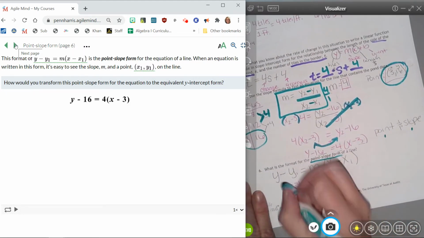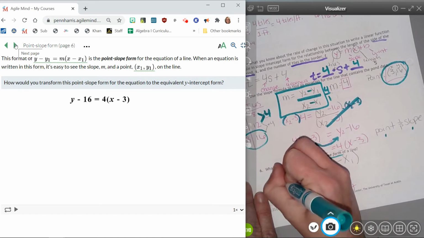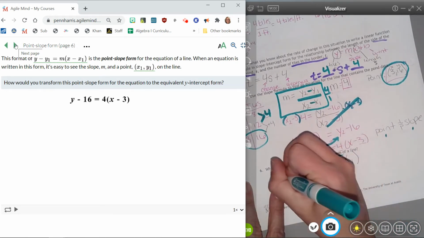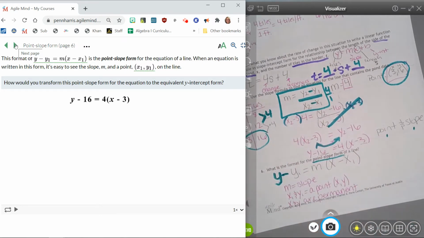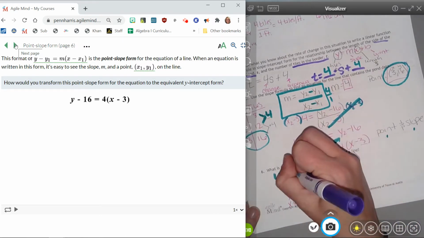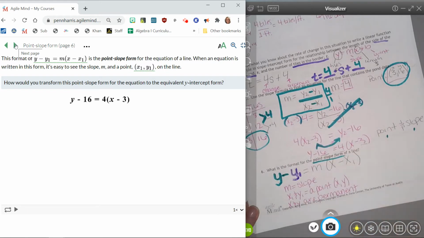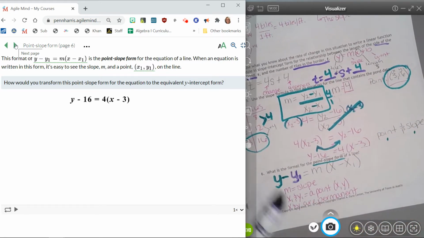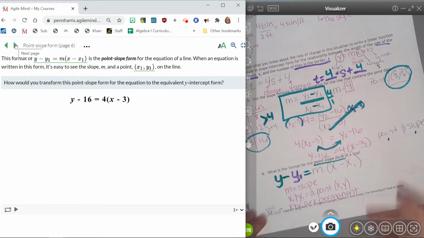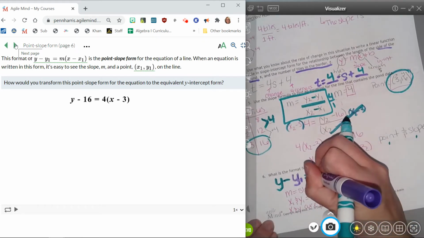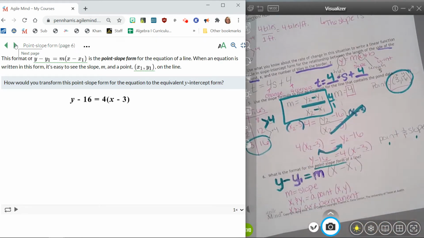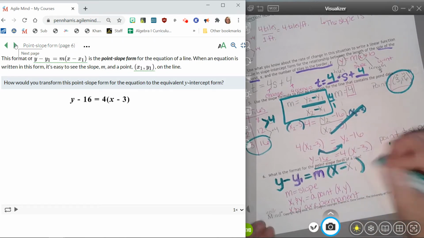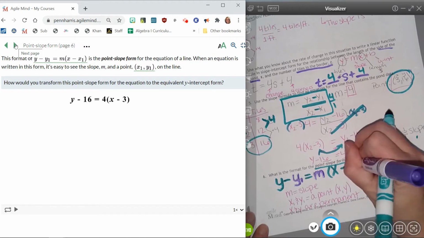And that formula is going to be y, which is permanent in the problem, minus, again permanent, the y point, so that would be like the 16 right here, equals my slope, that's a number that we plug in, times x minus the x point.